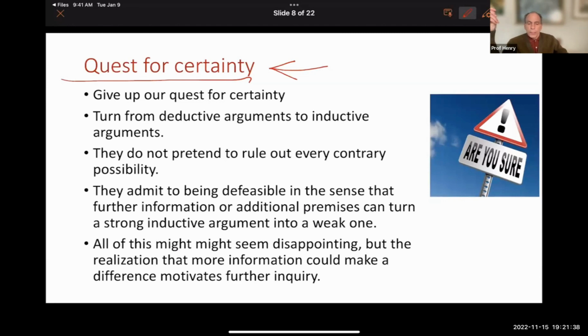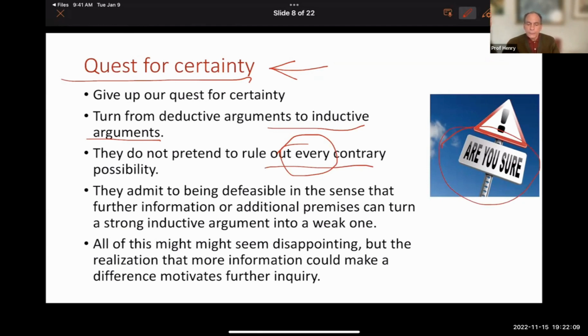And so with the inductive arguments, they do not pretend to rule out every contrary possibility, just like the repair person. What the owner claims does not rule out every possibility. Are you sure about that? Is there a hole in the argument?